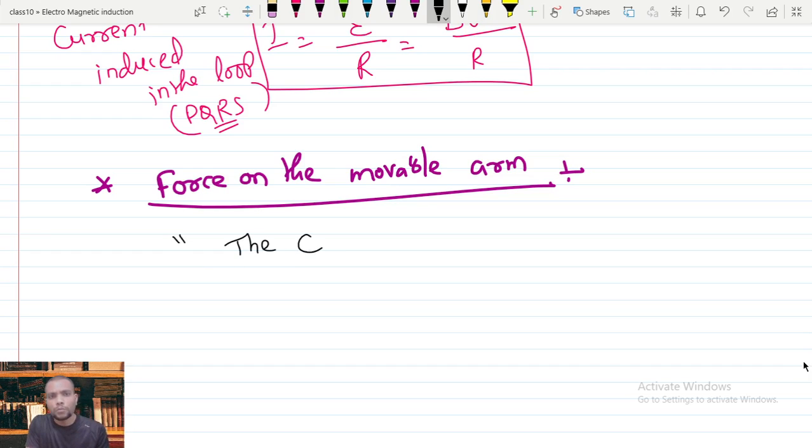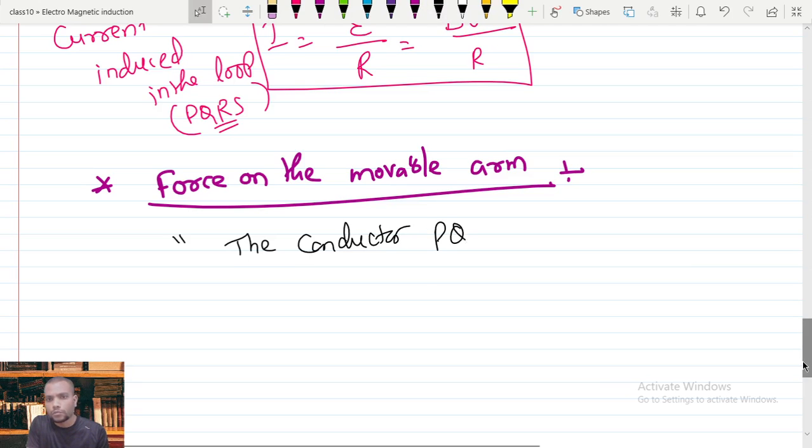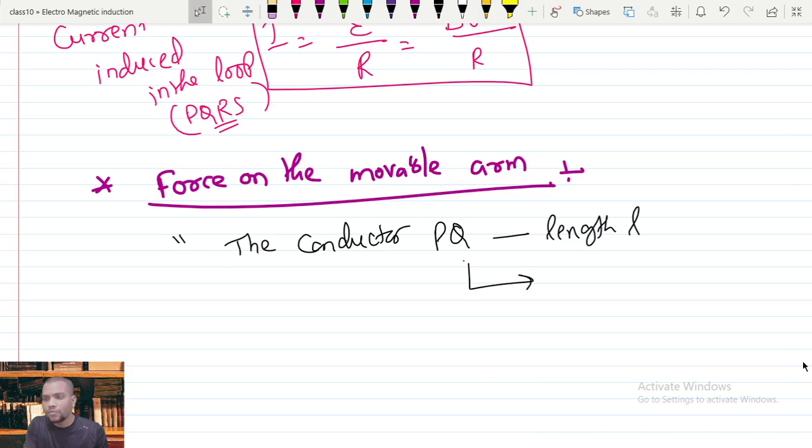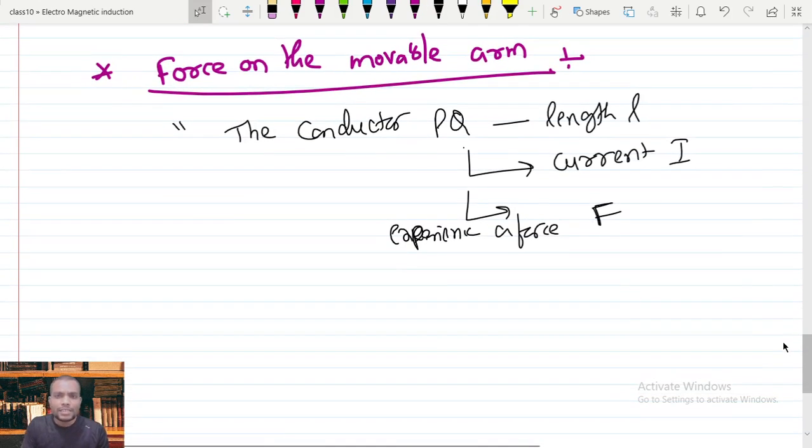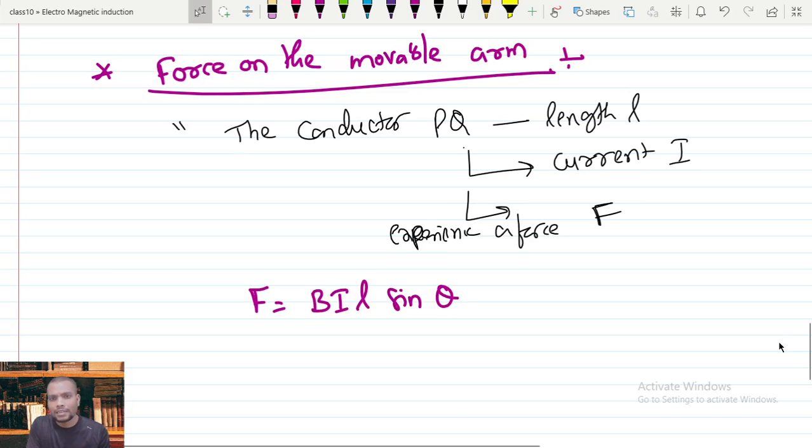The conductor PQ of length L, moving with a velocity v and carrying current I, will experience a force, that force is F. The force F equal to BIL sine theta.